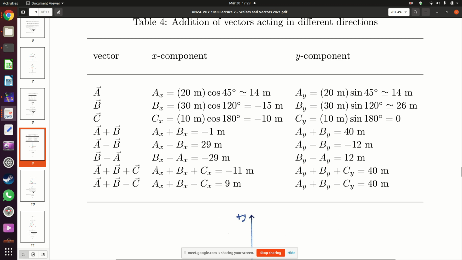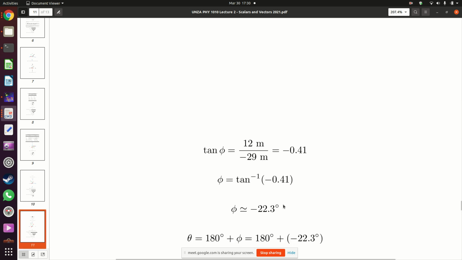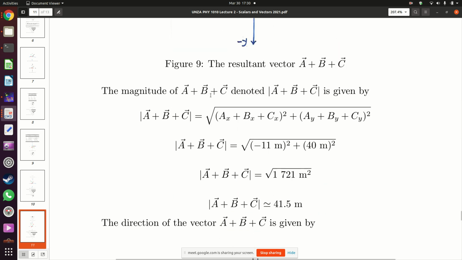So from this information, how much A plus B plus C is along the x-axis, minus 11 meters, and how much along the y-axis, 40 meters, we can find the size of A plus B plus C by using the same Pythagoras formula. And this is why we do it.